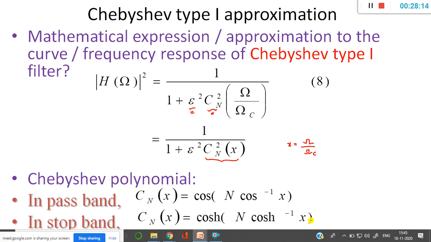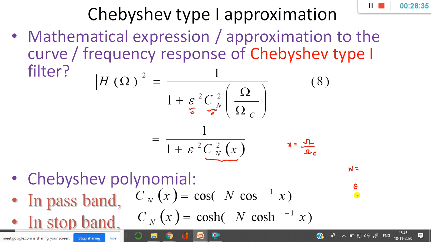In the stopband this value is going to be replaced with the hyperbolic value cosh of n into cosh inverse of x. So we don't have a derivation for this Chebyshev filter. Directly, I'll give you the formulas for finding the order of the filter and finding the value of epsilon.